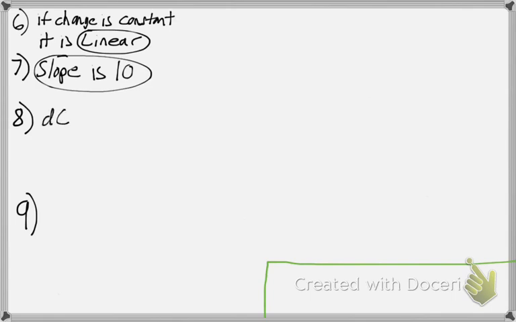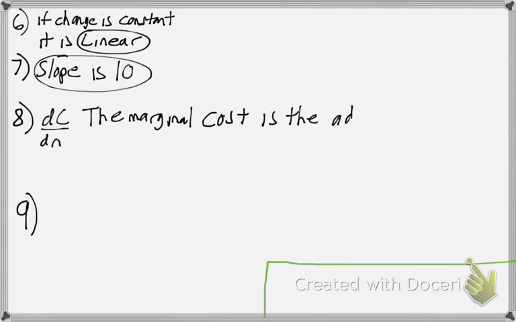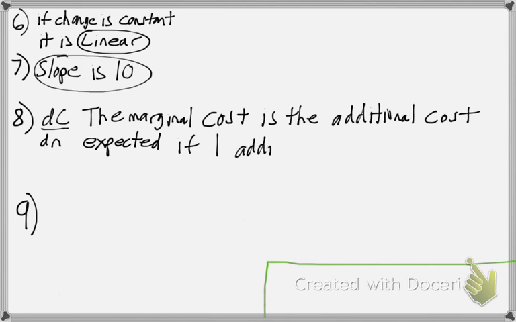So dc over dn, the marginal cost, is the additional cost expected if one additional item is produced.